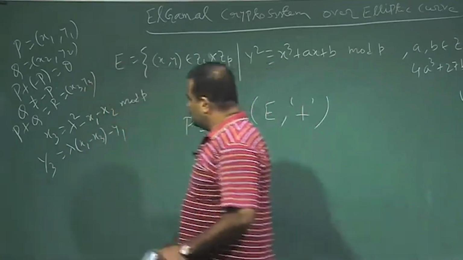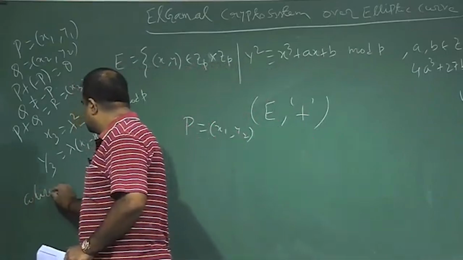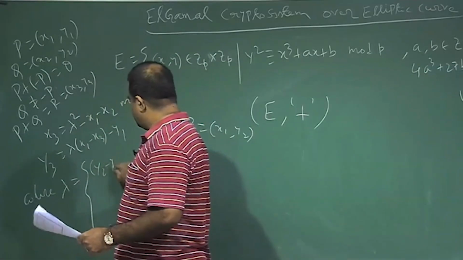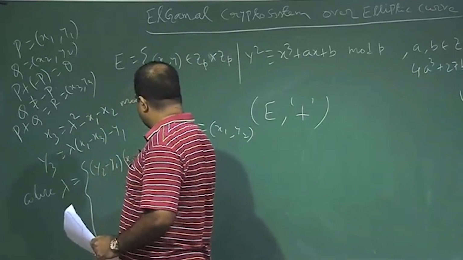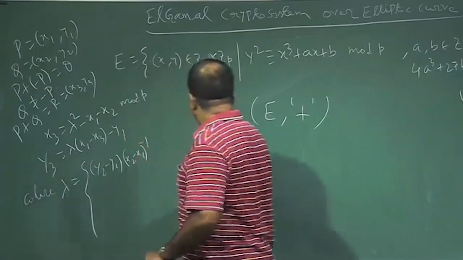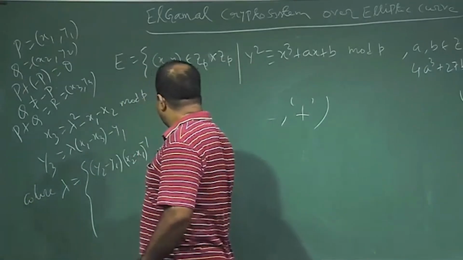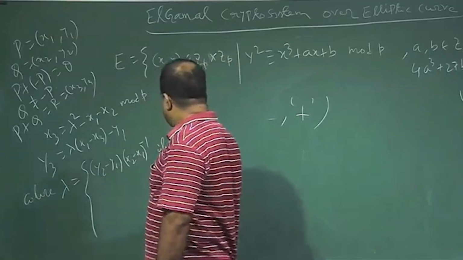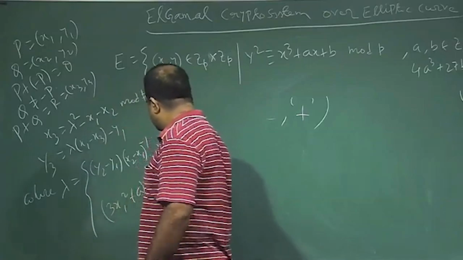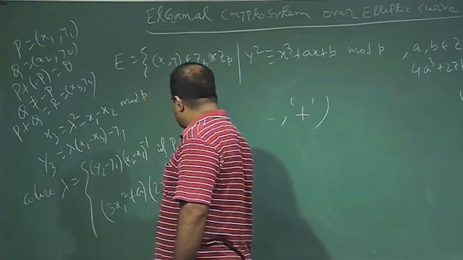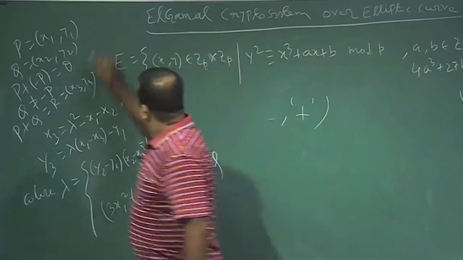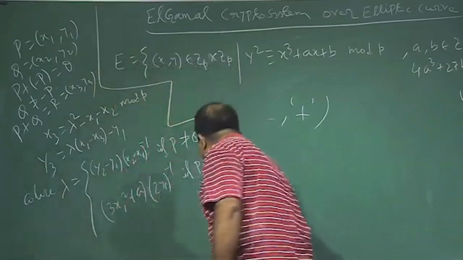And lambda is, for our elliptic curve, y2 minus y1 into x2 minus x1 inverse if P is not equal to Q, and it is 3x1 square plus a into 2y1 inverse if P is equal to Q. So this is the formula for addition.